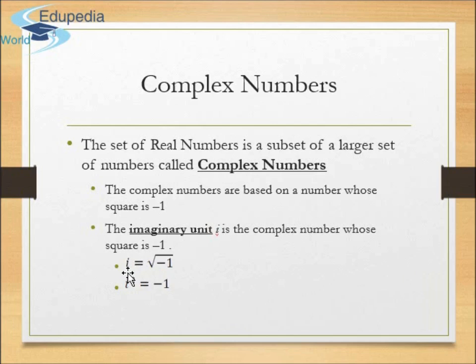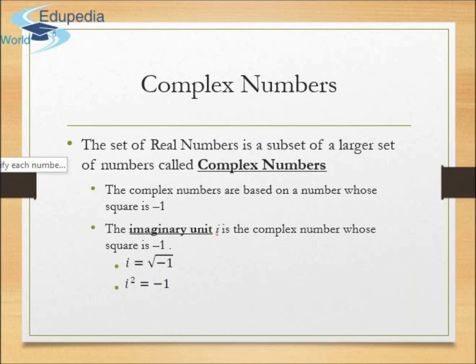Here, i is the square root of -1. So of course, if we square both sides, we get i squared is equal to -1. These two identities are the two equations you have to understand in order to solve complex numbers. If these two get through to you, then it's really easy from here onwards.